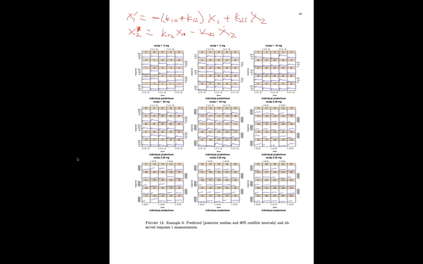The matrix formulation of this is to just convert this into a matrix expression involving the vectors x prime, which would be the combination of x1 prime and x2 prime, and then x, which would be the combination of x1 and x2.